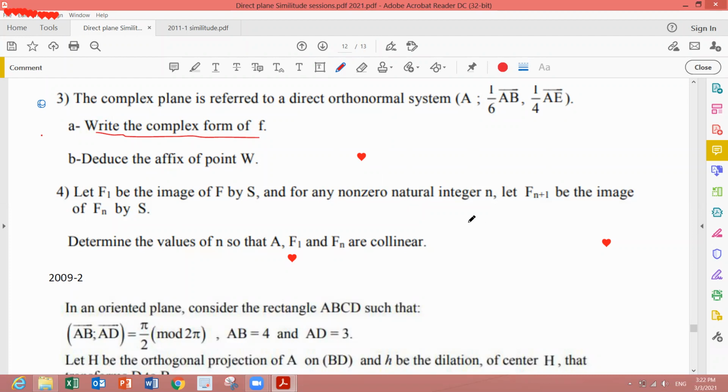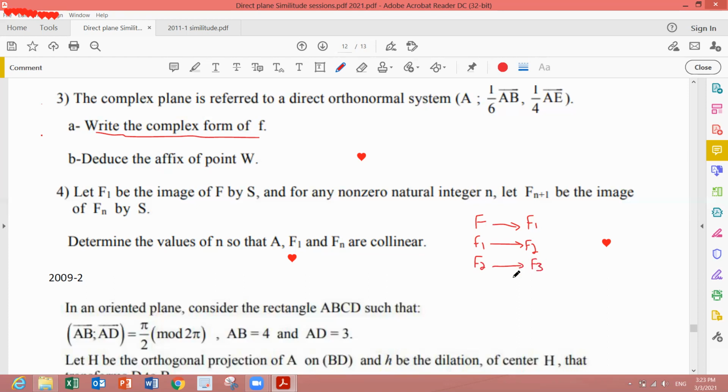Let F1 be the image of F. So F gives F1, F1 gives F2, F2 gives F3.